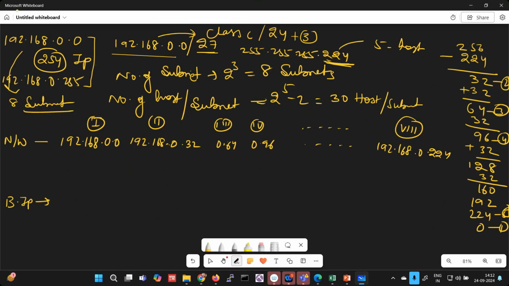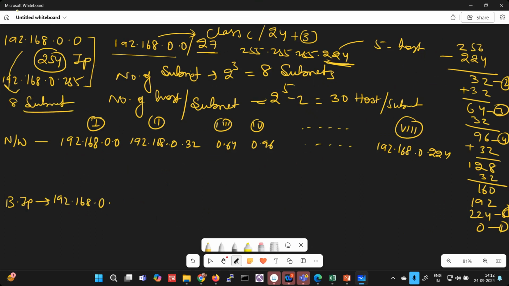After dividing this, we will have something like this: 0.0, 0.32, 0.64. These will be the new network addresses of the different subnets. And what will be the broadcast IP? For the first subnet, we can easily subtract 1 from the next subnet's address.